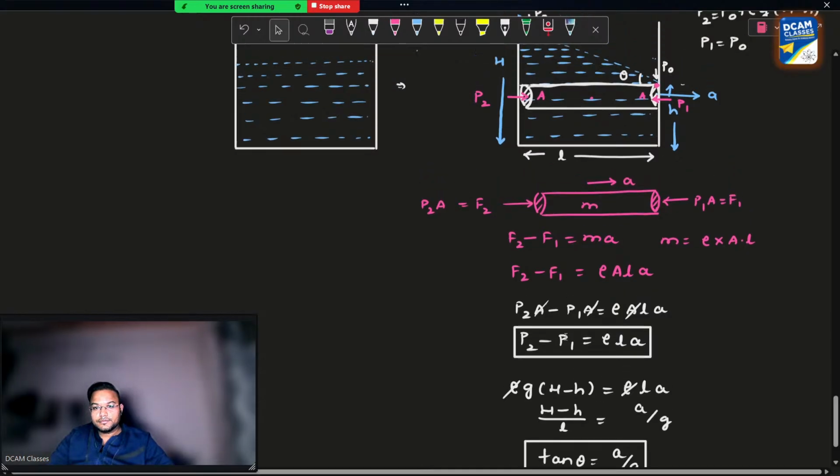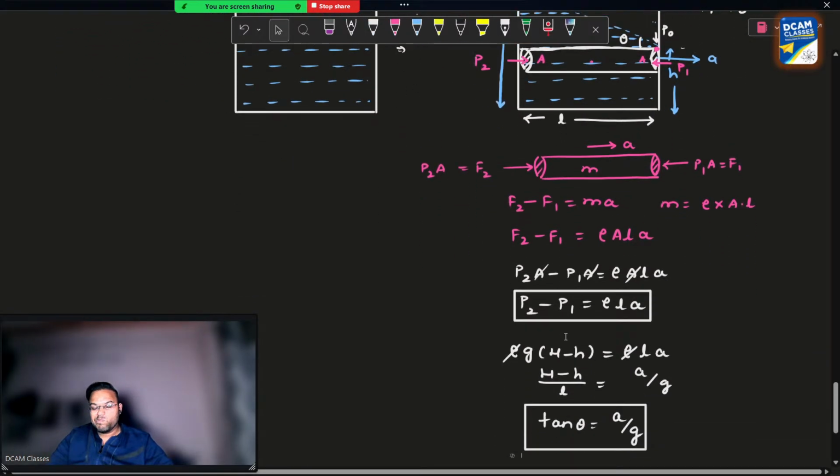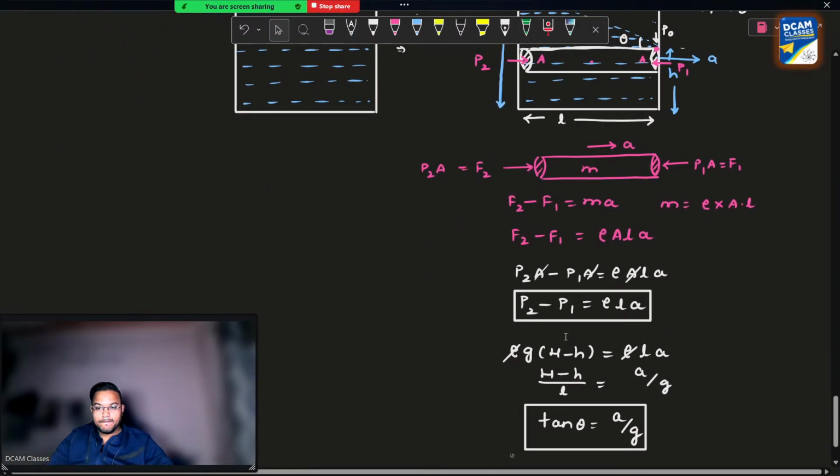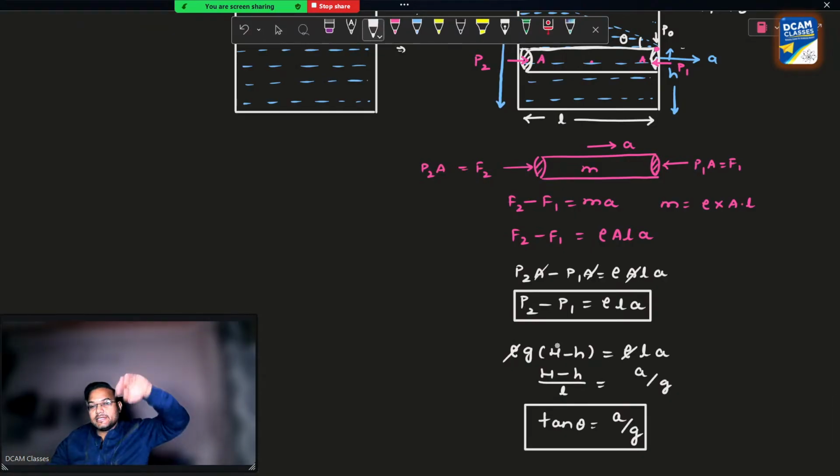Understood? Using this, you can find out by what height it rises up, what's the difference of the height, and what's the angle it will attain.